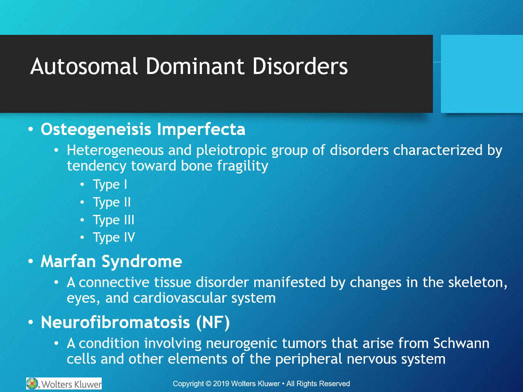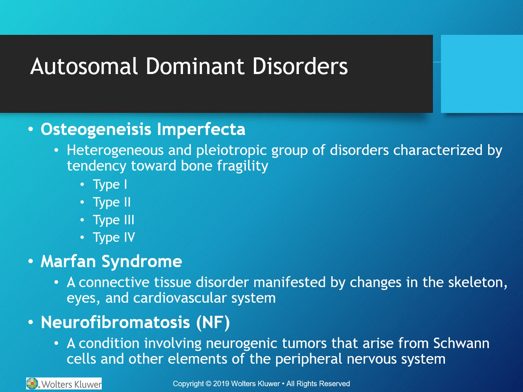Now let's talk about Marfan syndrome. Marfan syndrome is a connective tissue disorder manifested by changes in the skeleton, the eyes, and the cardiovascular system. It is basically a biochemical abnormality that affects fibrillin 1, a major component of microfibrils found in the extracellular matrix.